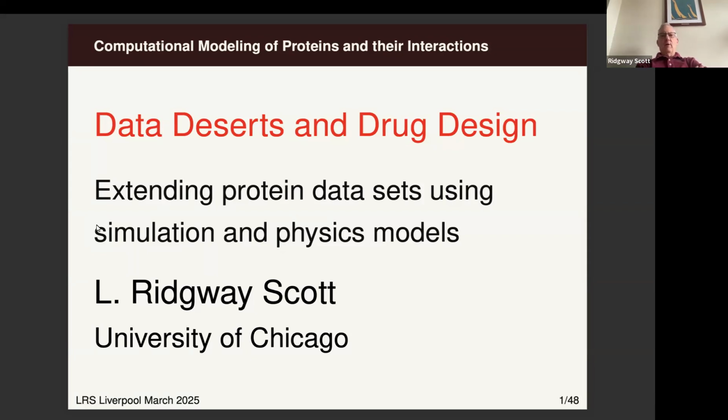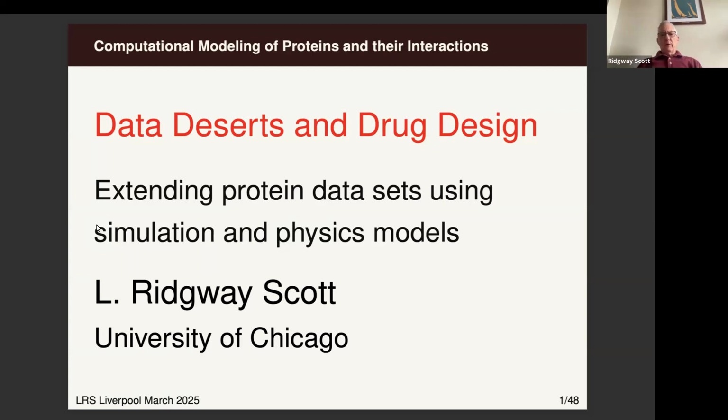You can't get data on flying aircraft because you'd have to trail something behind it, and nobody would let you do that. But today I want to focus on data deserts in drug design and how you can remedy that by extending the protein data sets that we use all the time using simulation and physical models.